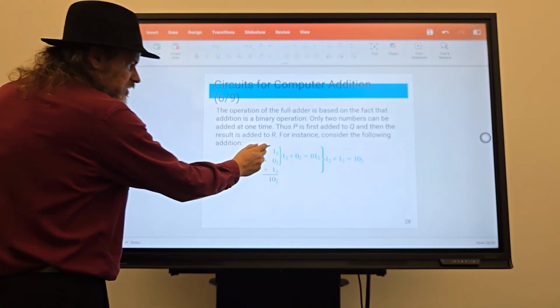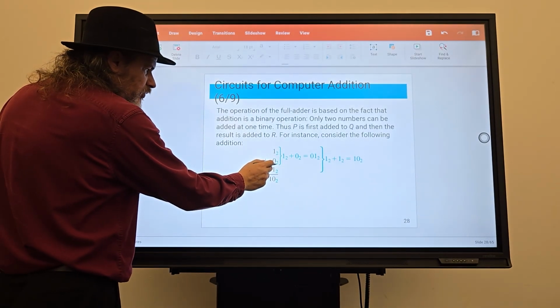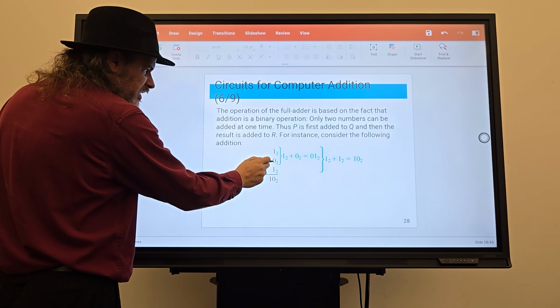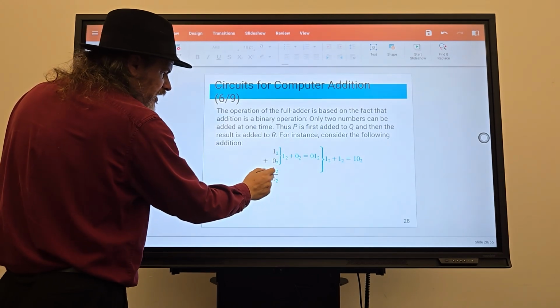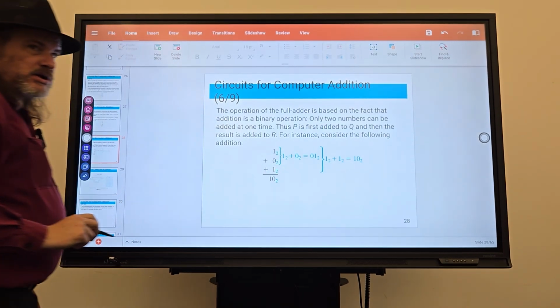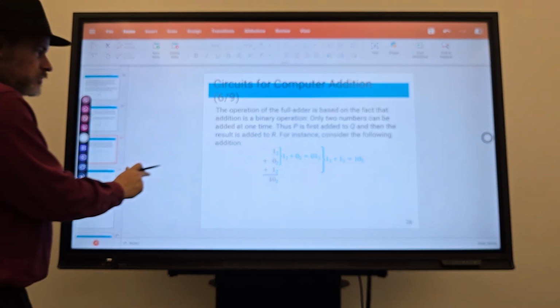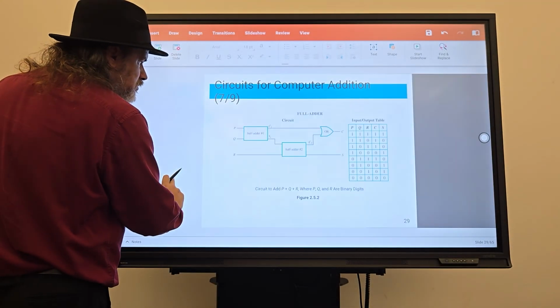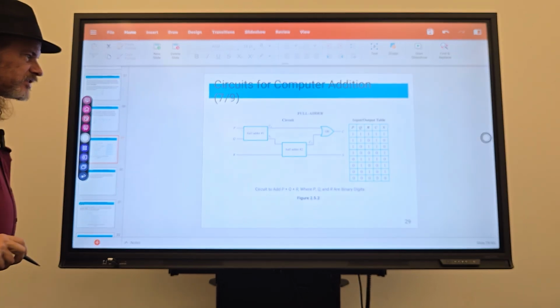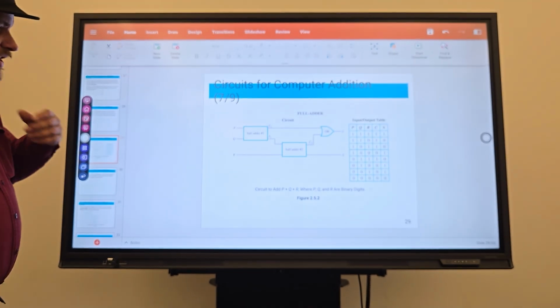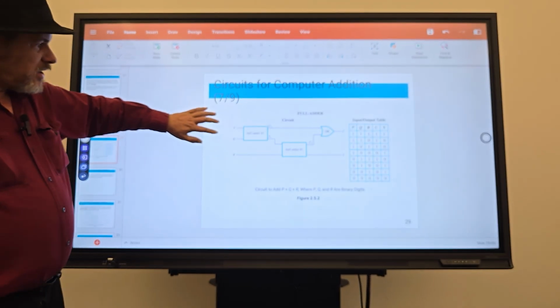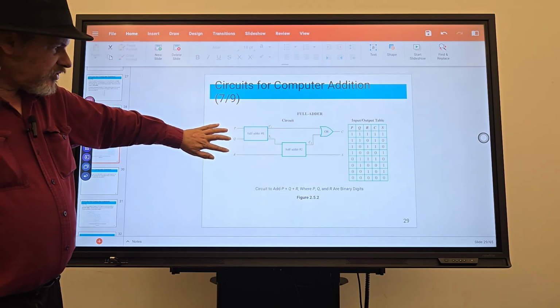So you add one pair together, and then the result you add with the third digit, the third bit. And you construct it in a circuit using P, Q, and R as inputs.